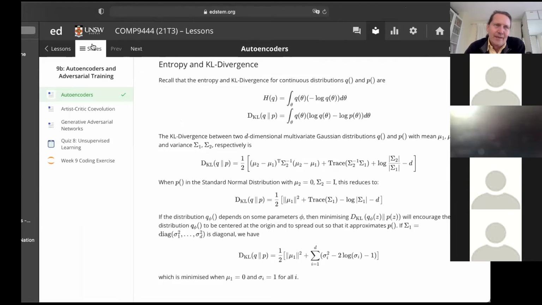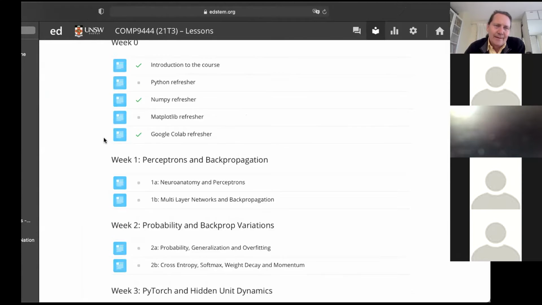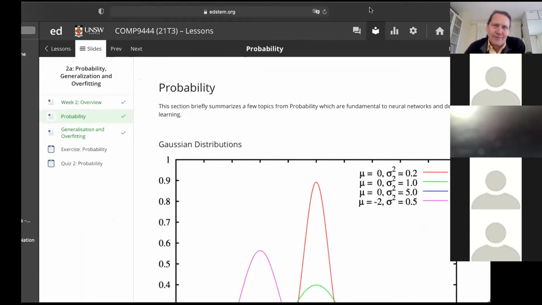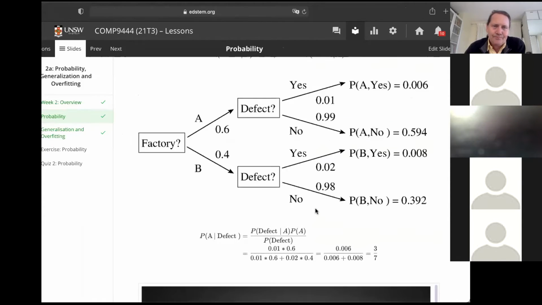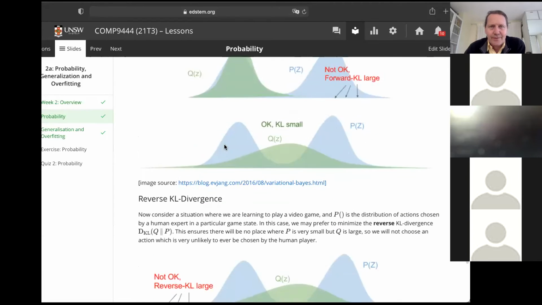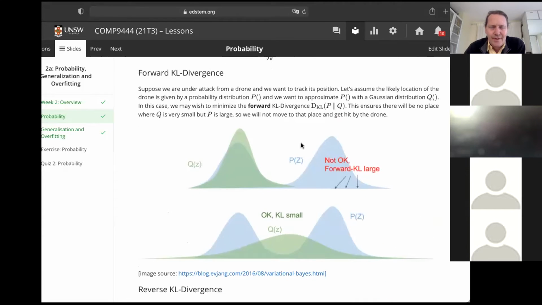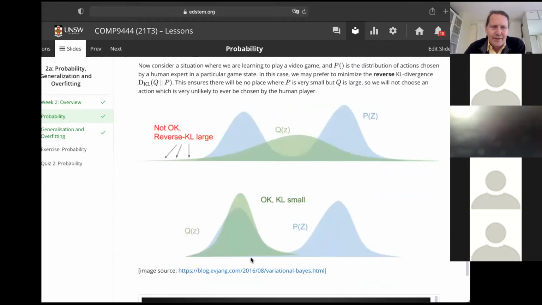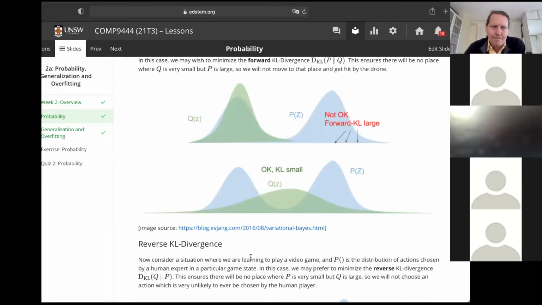So that'll be coming up in week 9, but for the moment we're just introducing this concept of the KL divergence, and I've tried to give an explanation here which is based on this blog.